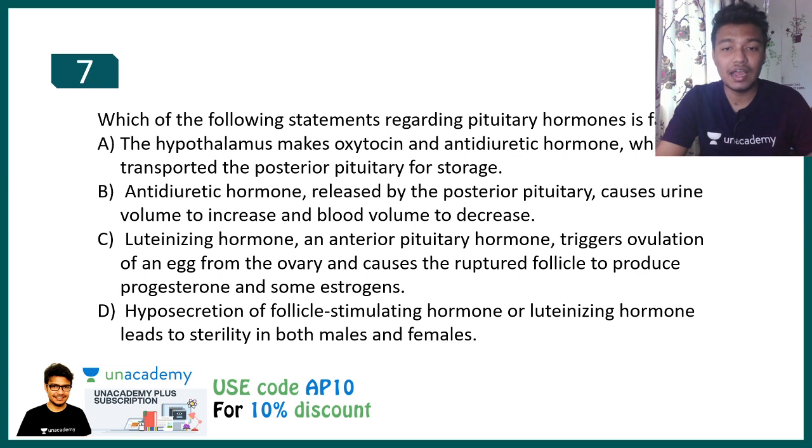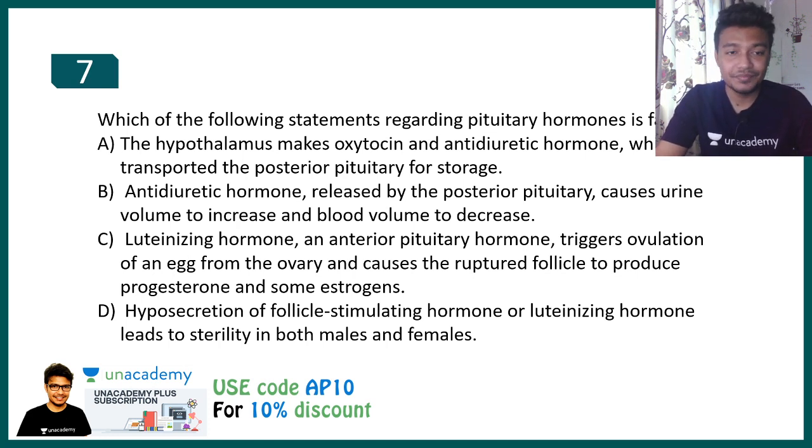C, luteinizing hormone, an anterior pituitary hormone, triggers ovulation of an egg from the ovary and causes the ruptured follicle to produce progesterone and some estrogen. D says hyposecretion of follicle stimulating hormone or luteinizing hormone leads to sterility in both males and females.